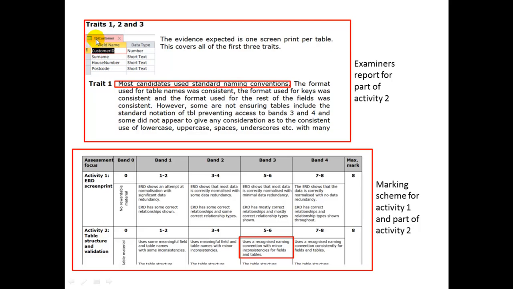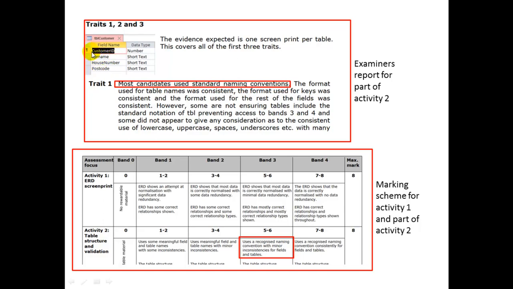Basically we will put TBL in front of all our table names, and we will remove all the spaces so that each word is capitalized. If the word is composite, made out of two or more words, each word is written with a capital. For instance, HouseNumber: House with capital, Number with capital, no space.